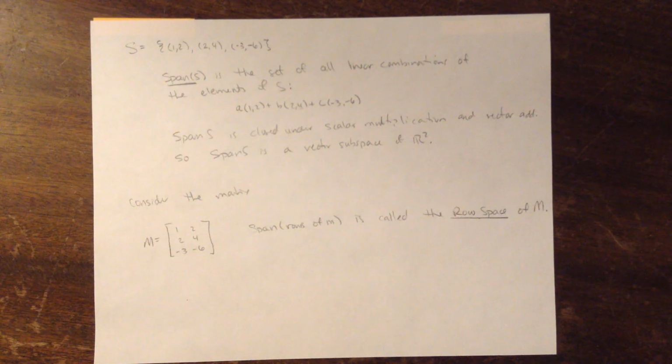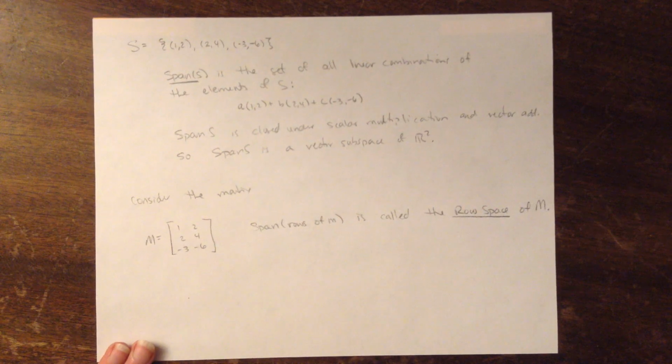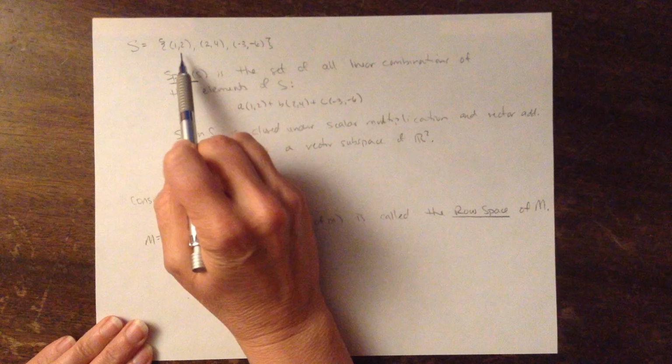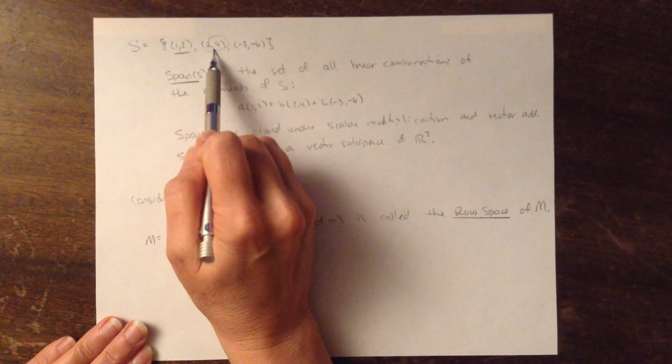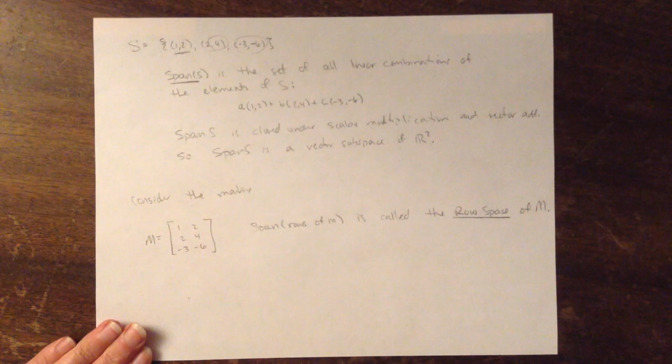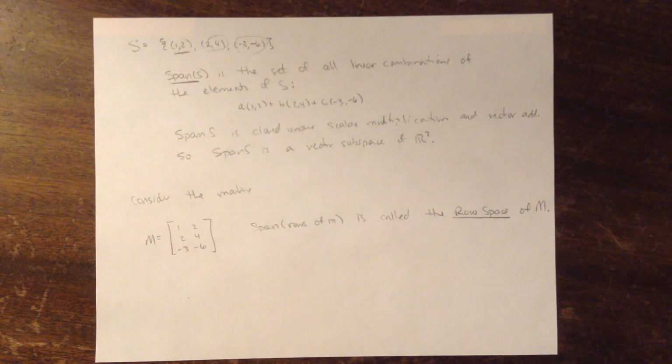Now if you look at this set S, or you look at the rows of M, we have a lot of dependence there, because if you just take that one vector, you can get this one by multiplying this one by 2. You can get this one by multiplying this one by -3. So this is a dependent set.